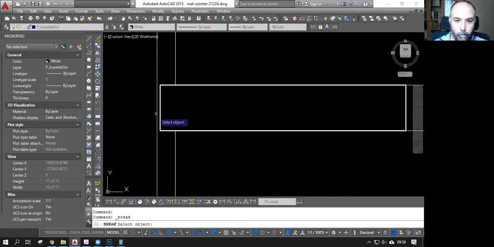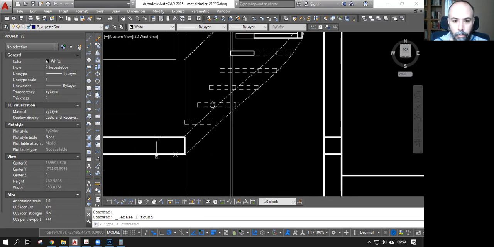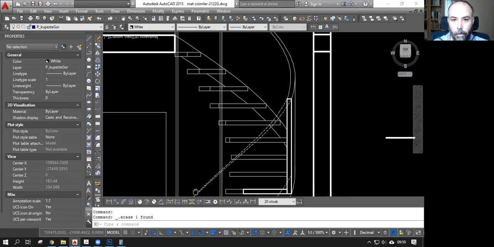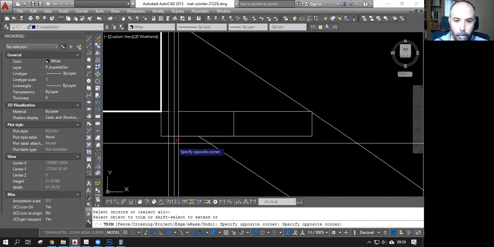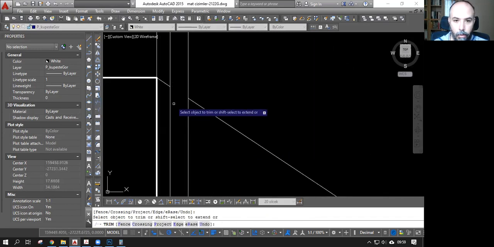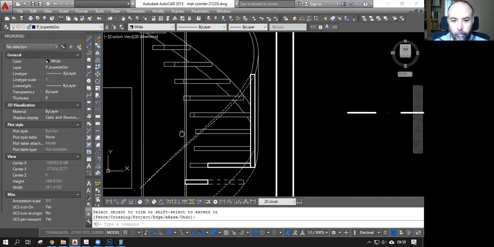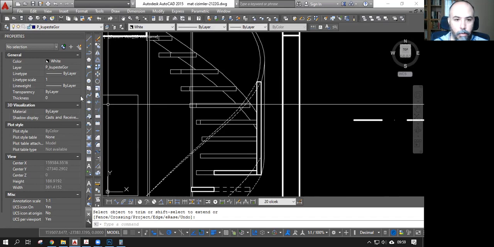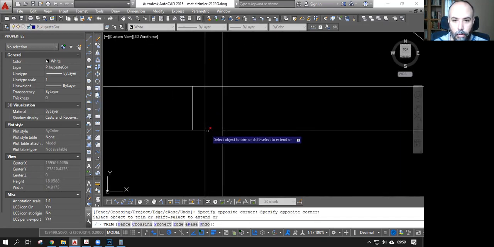It will be blocked by the cut surface of that step, and this string will block this step. So I will cut it through, and these strings will block these steps.